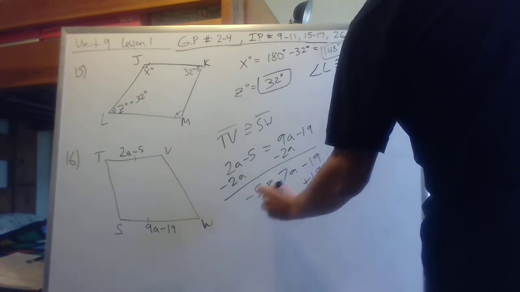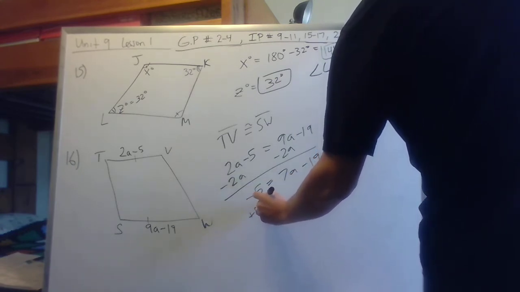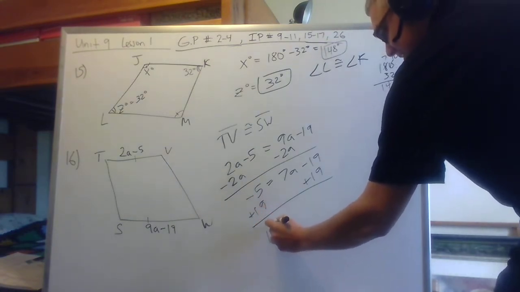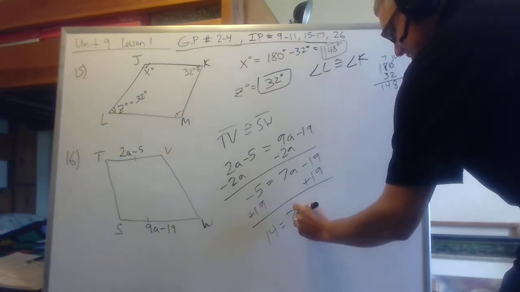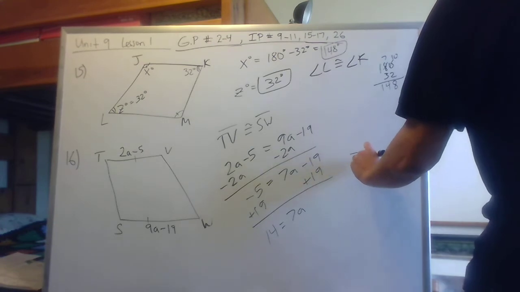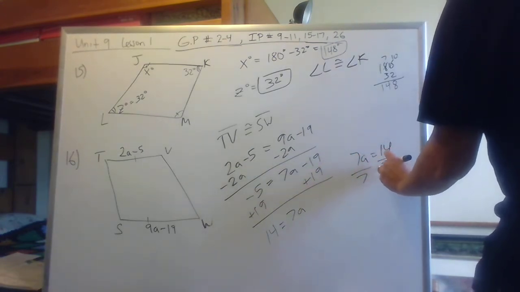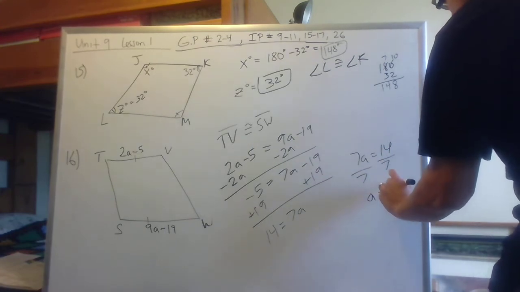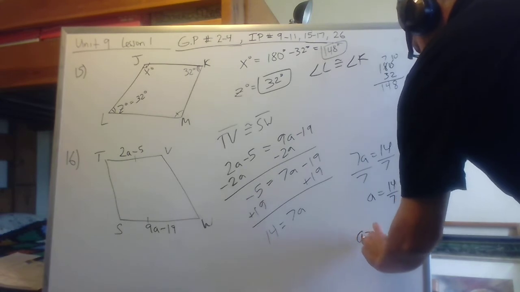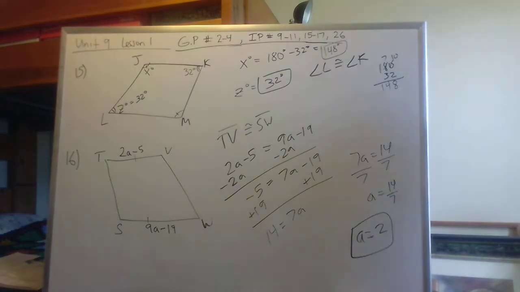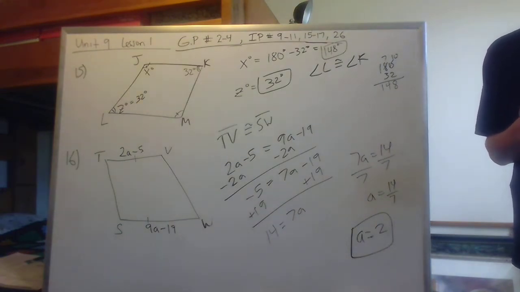Then I'm going to add 19 to both sides of the equal sign, and that's going to give me 14 equals 7A. And finally, we're just going to say 7A equals 14, and we're going to divide by 7. So A equals 14 divided by 7. A equals 2. So that is problem 16 of the independent practice.